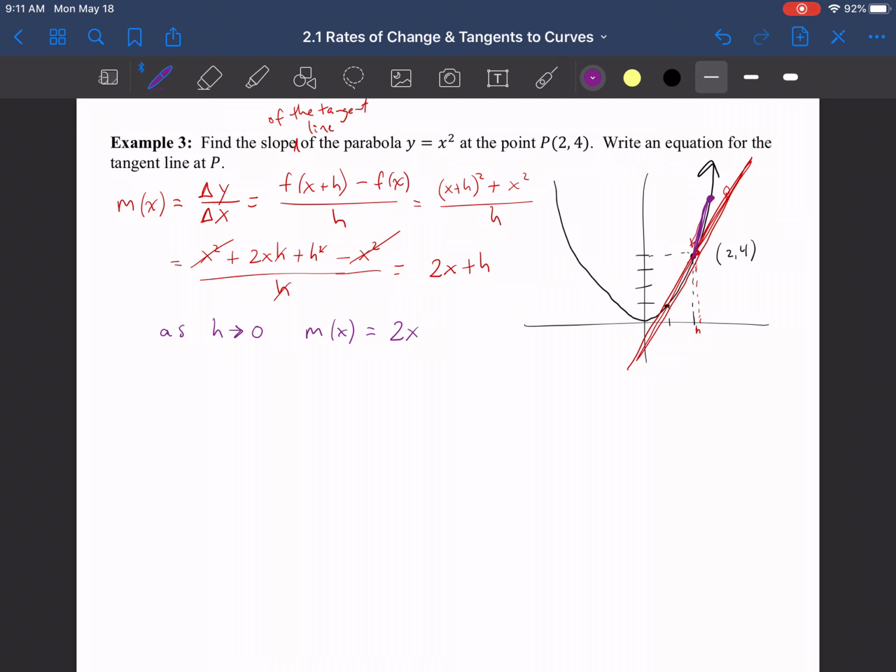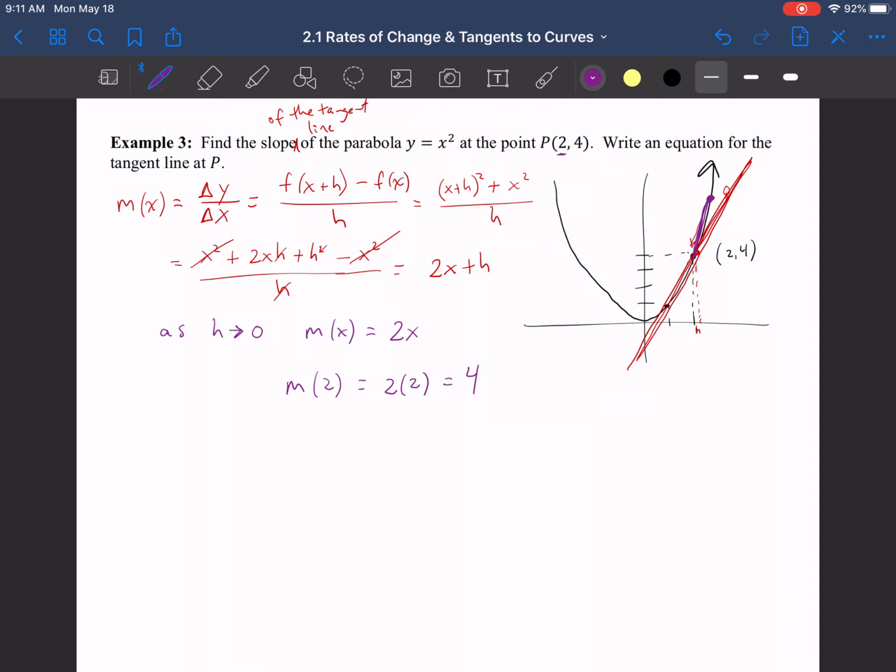And so our slope at x equals 2, because we want the point (2, 4), is going to be m of 2, which is just 2 times 2, which is 4. So the slope of our tangent line at that point is 4.